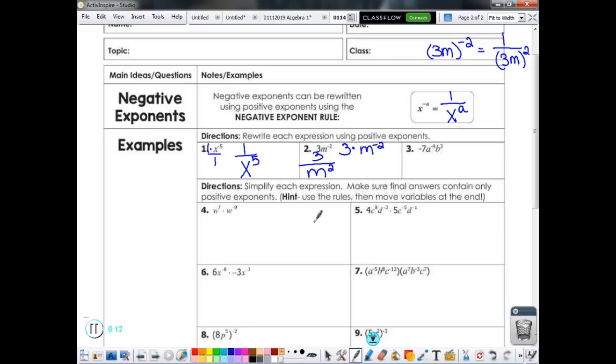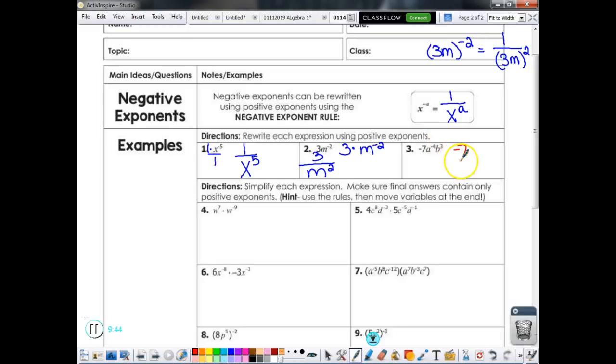So 3 is negative 7 times a to the negative 4 times b to the 3rd power. What do you think 3 is going to end up being? What's going to stay on top? The negative 7 and what else? The a has a negative exponent.